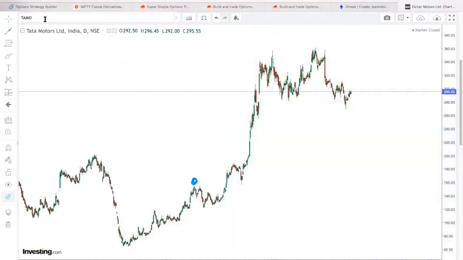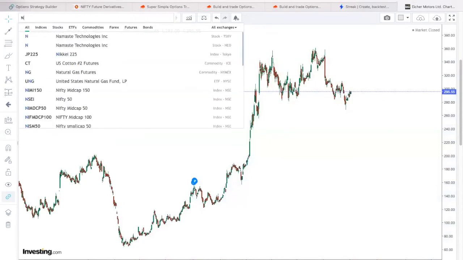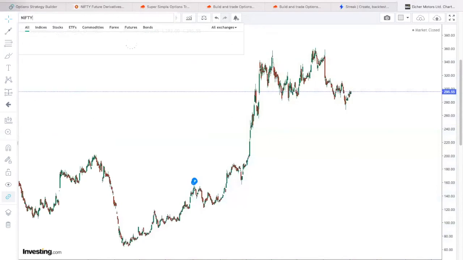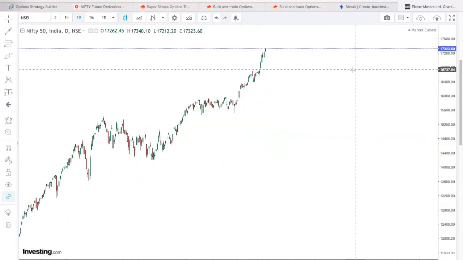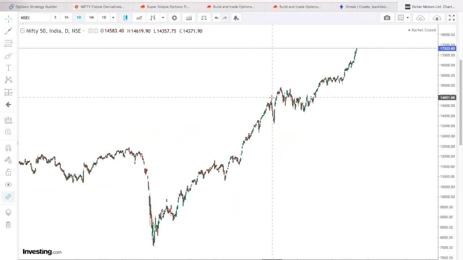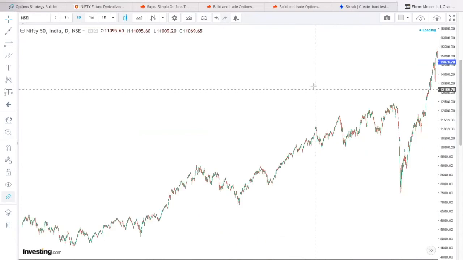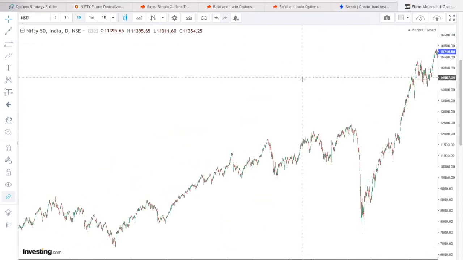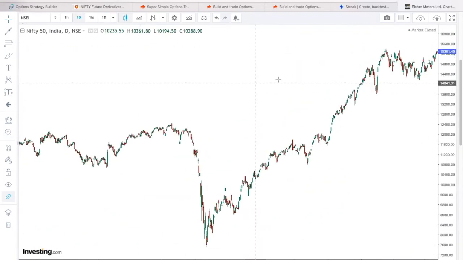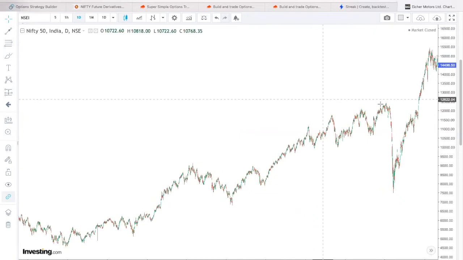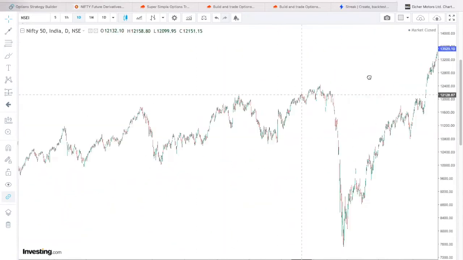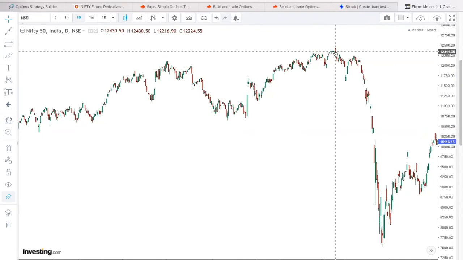So I'll take Nifty itself for this one, which is doing a big uptrend. Nifty is doing a very good uptrend, but it was the peakest tip of a mountain before the COVID crash, which was on 20th January 2020, right?